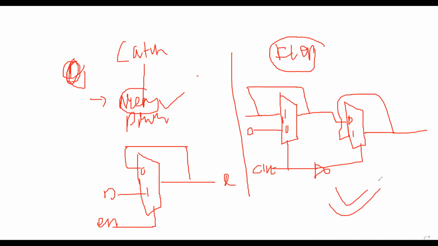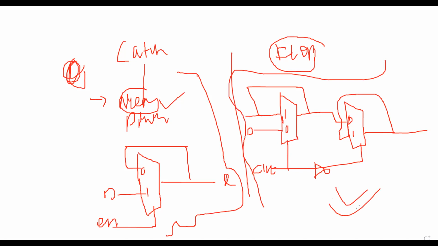But can anybody say why we avoid latches in our circuits? Why do we use only flops? Why does everyone say avoid latches in your design, use flops in your design?